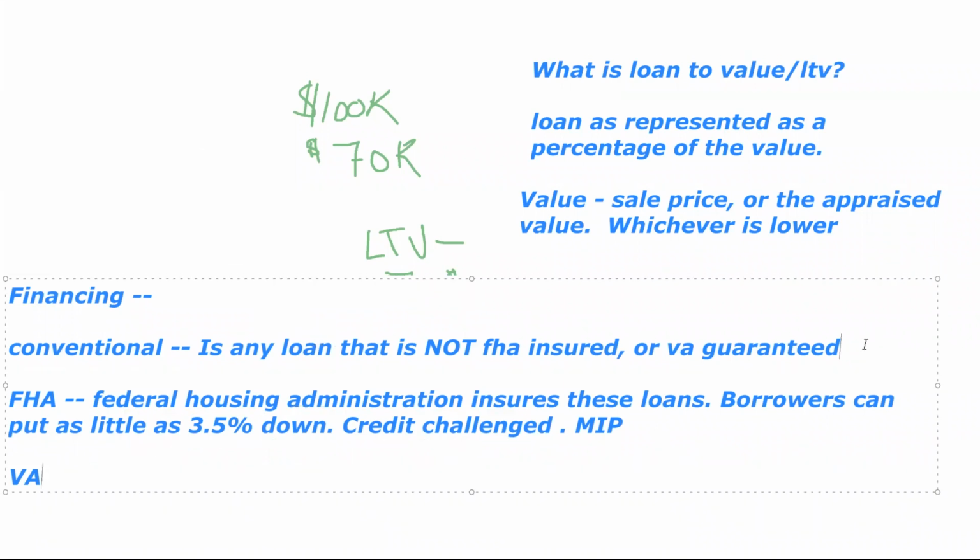Now, conventional loans, so what people usually say to me is, oh, that's the normal loan. It's not necessarily normal. It's just simply not FHA insured or VA guaranteed, okay? So what happens is that's how we classify it, okay? You go to probably the same place. Now, there are lenders that specialize in FHA loans and VA loan products.